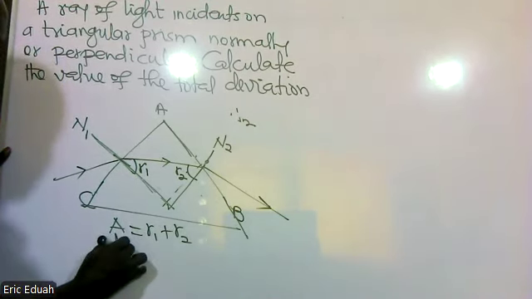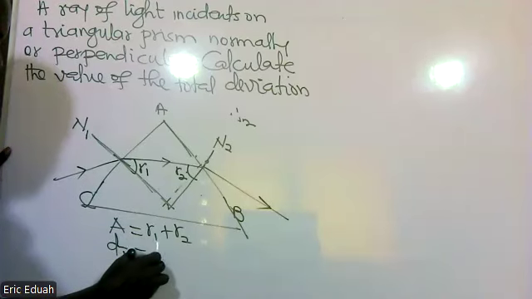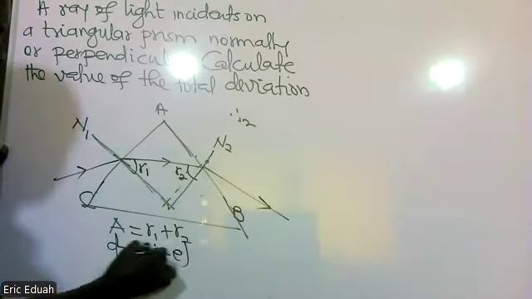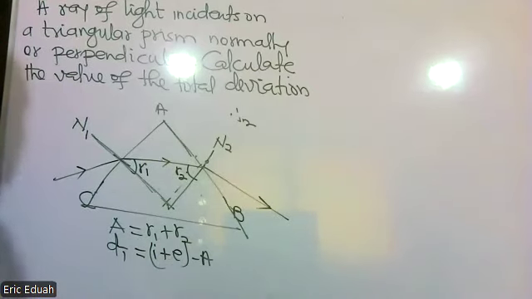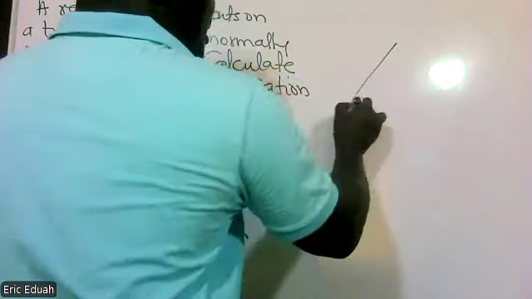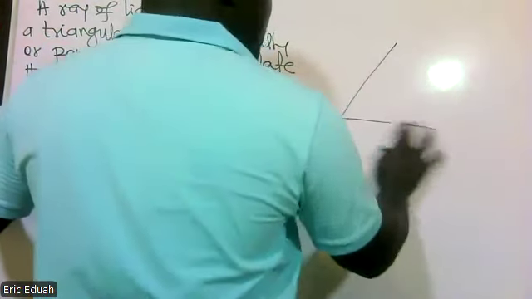Then we had the total deviation to be equal to I plus E minus A. Now, if light is incident on the prism normally or perpendicularly, this is what it means.